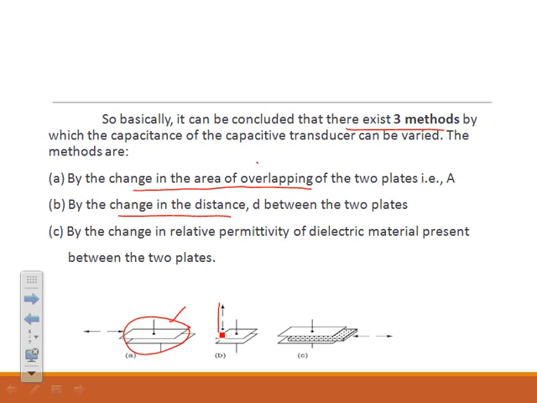And third, by changing the relative permittivity of the media. The two plates are fixed, and the dielectric material can be moved to and fro between them. By varying this dielectric material between the two plates, we can also change the capacitance of the capacitor. So this is the basic principle behind the capacitive transducer.